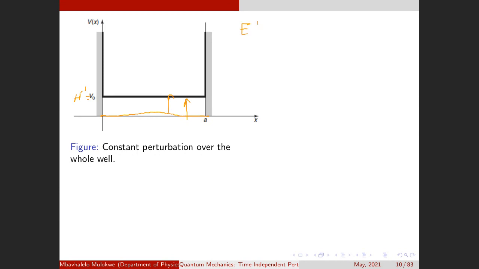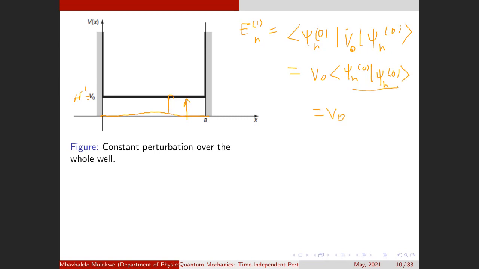So the first order correction will be given by ⟨ψn0|V0|ψn0⟩, and now this is V0, which is just a constant, so you can take it out, V0⟨ψn0|ψn0⟩, and this is 1, so this just gives you V0.